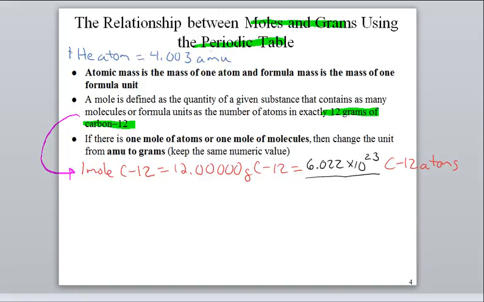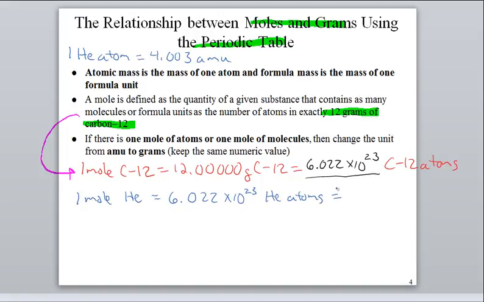Well, if I had 1 mole of helium, so a huge number of helium atoms, 6.022 times 10 to the 23rd helium atoms, what's its mass?